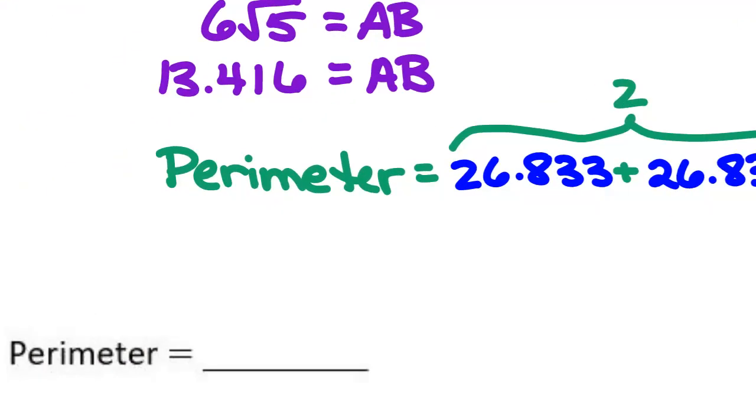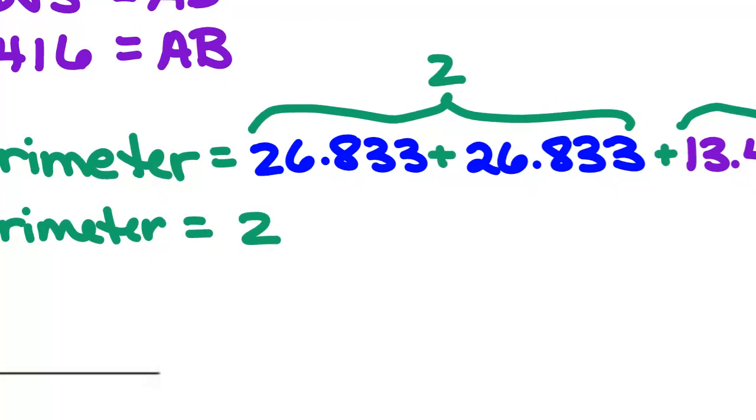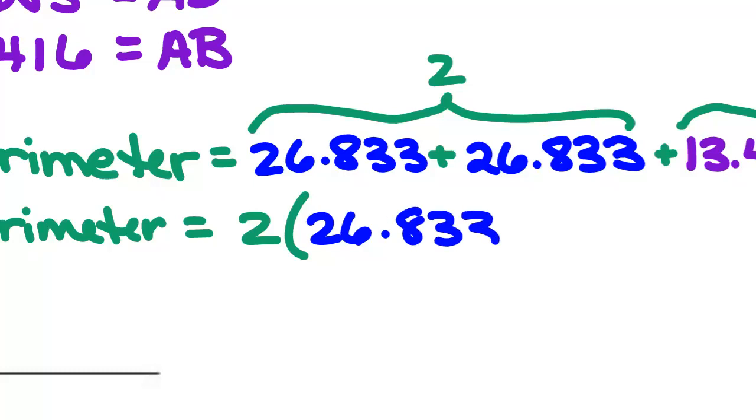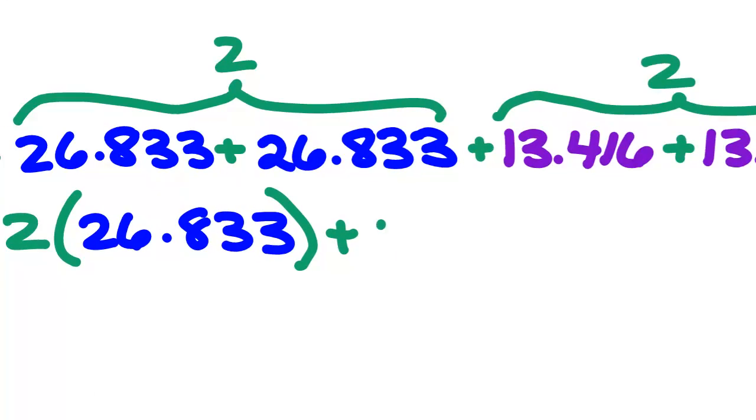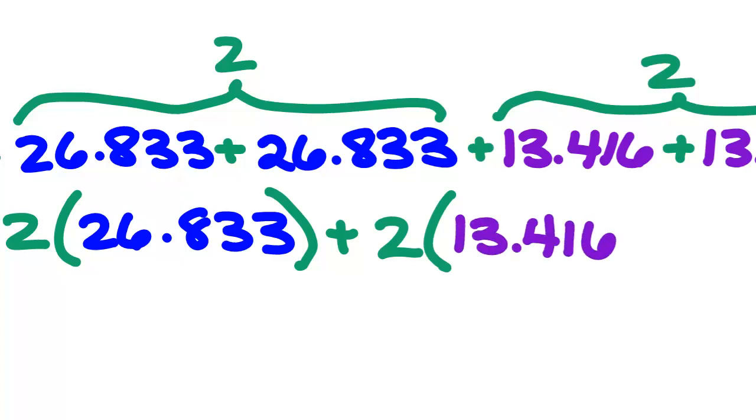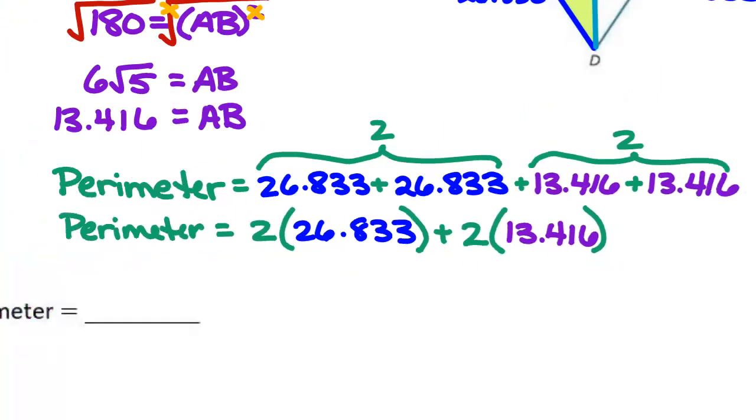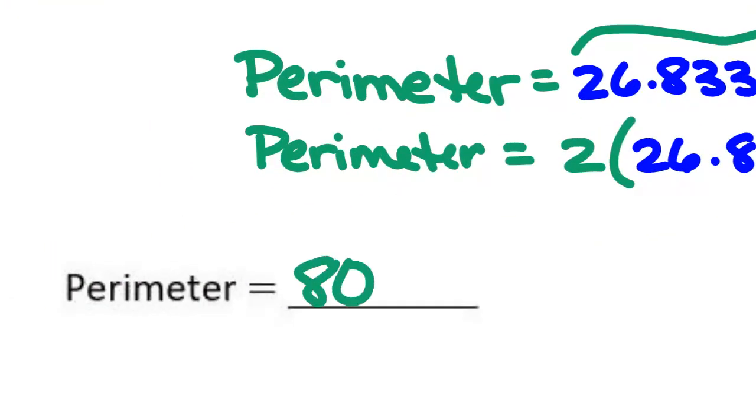What would be an easier way for me to put this into my calculator? You can just put them in as 26.833 plus 26.833 plus whatever. Or you can multiply them by 2, and it's that much less that you have to type into your calculator. 13.416. What do you get no matter which way you put it into your calculator? 80.498.